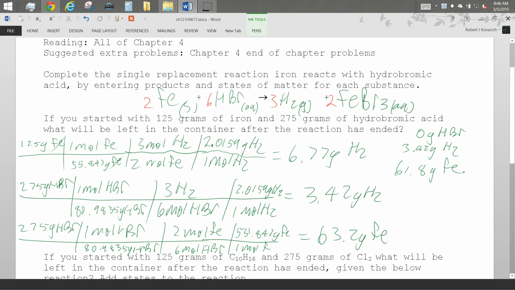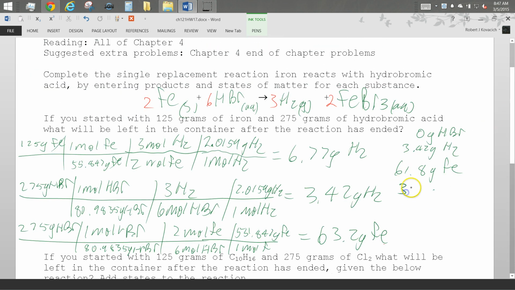So how can I fairly easily figure out how much iron 3 bromide is going to be in the container? Anybody?